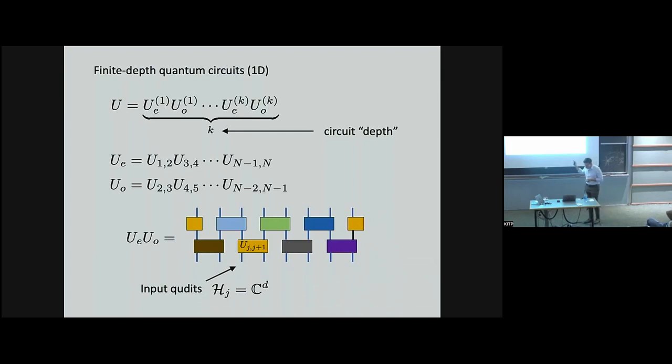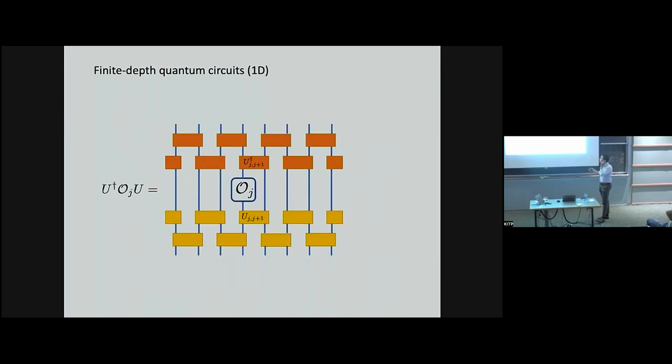And even if we do not restrict the choice of these gates, it's very easy to see that we have this emergent notion of causality in a graphical way. So suppose, again, you start with your local operator at site j, and then you sandwich it with respect to a depth-2 quantum circuit, then you see that if you are sufficiently far away from this point, you will have some cancellations.